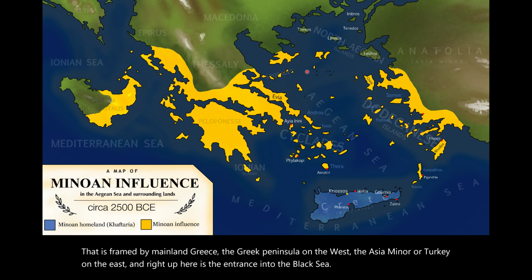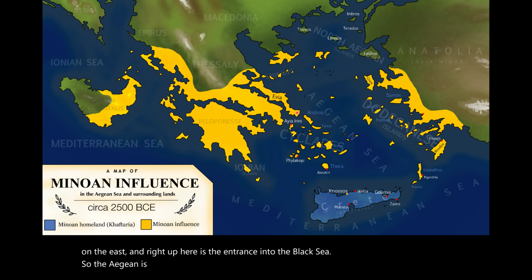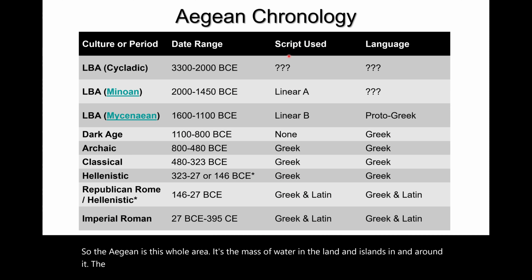So the Aegean is this whole area. It's the massive water and the land and islands in and around it. The Aegean is where the Greek world originates from.